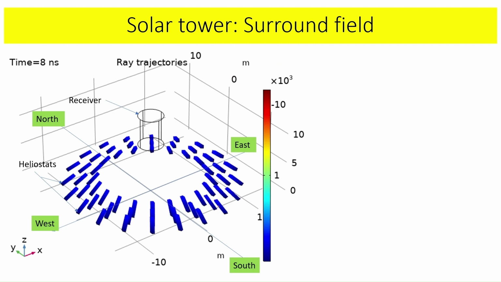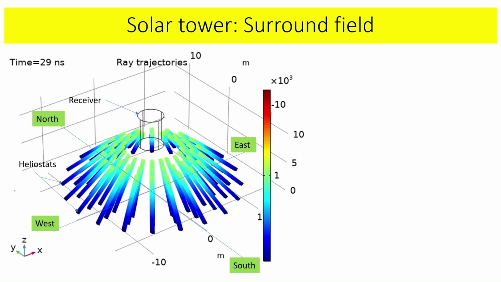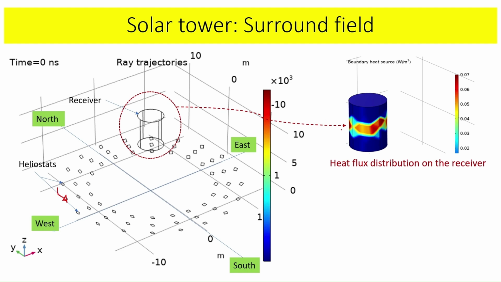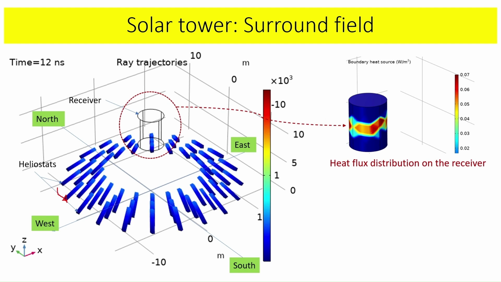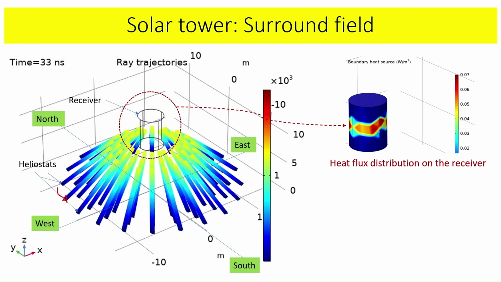So this is the surround field solar tower. Through an animation, I tried to explain. These are all the collectors. We call them heliostats. Heliostats means they are focusing the sunlight over the receiver. This is the receiver, and we can see the flux distribution. This is how the heat is produced inside this receiver, and there is a working fluid flowing.